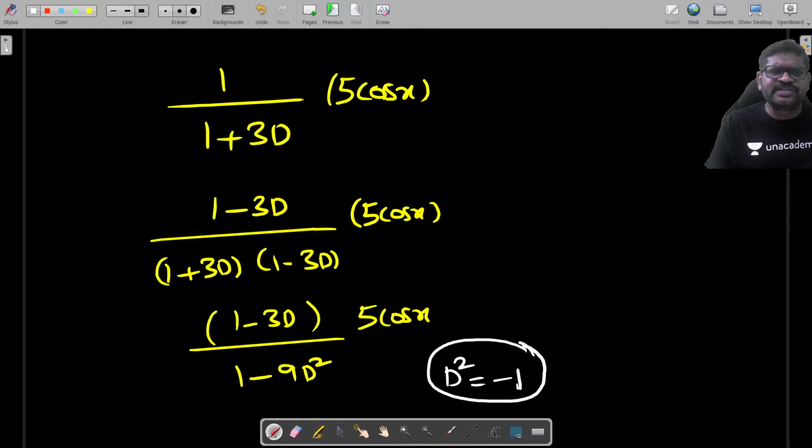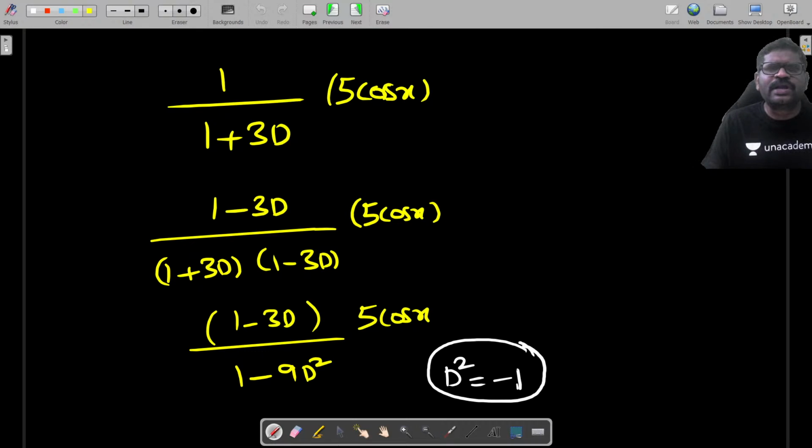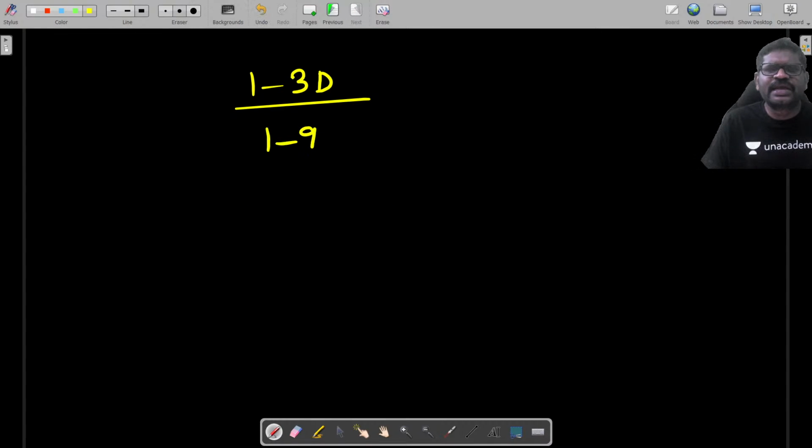If you replace D square equal to minus 1, you will get 1 minus 3D by 1 minus 9 of minus 1 cos x.